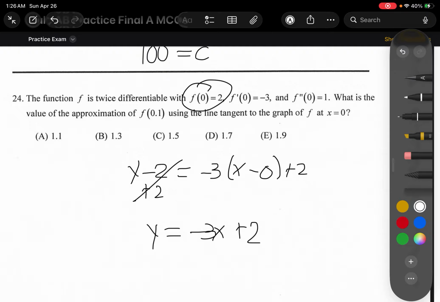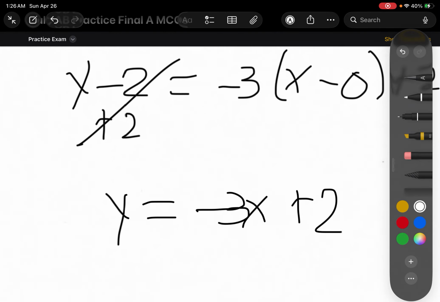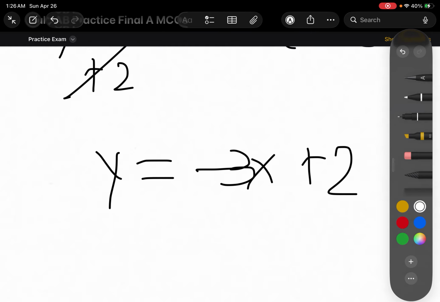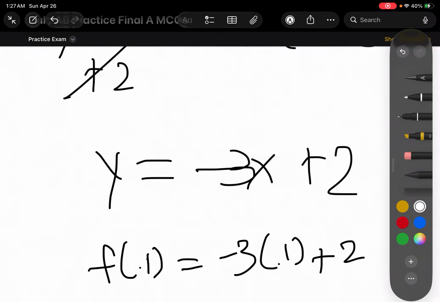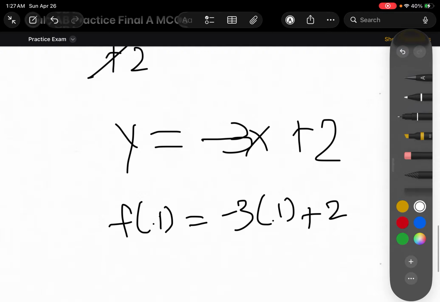And then plug in 0.1. Use algebra to solve.